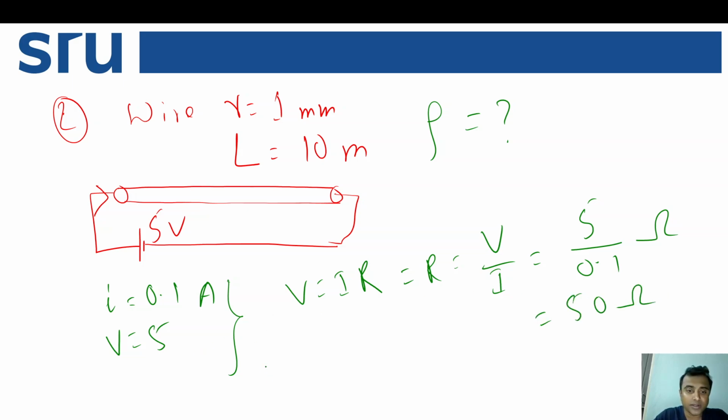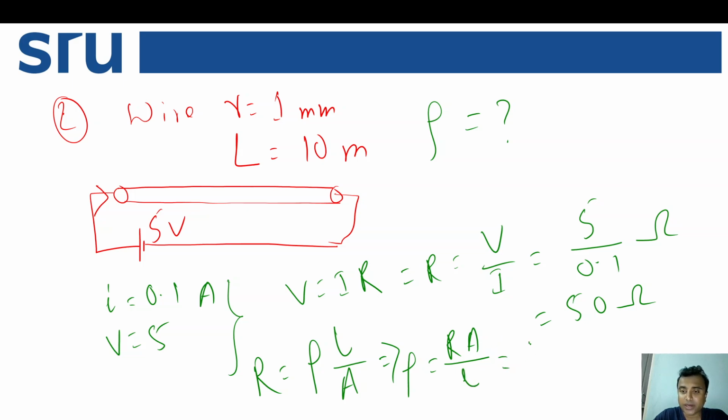Now we know that R is equal to rho L over A, so rho will be equal to RA over L.